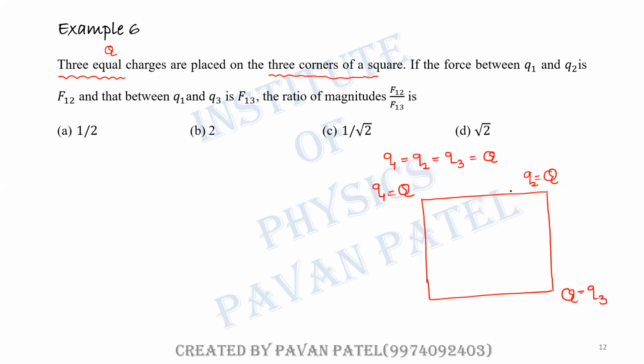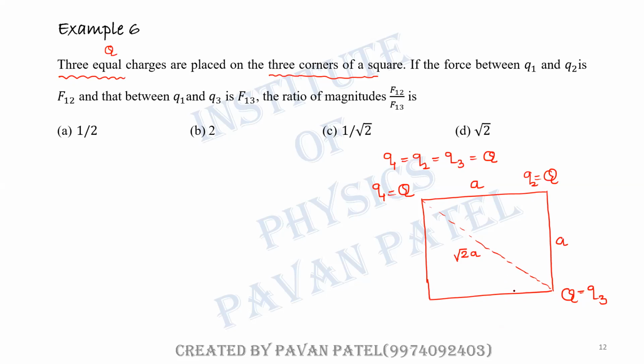The distance between Q1 and Q2 is a. The distance between Q2 and Q3 is also a because it's a square, and therefore the distance between Q1 and Q3 is root 2 a, according to the Pythagoras theorem.